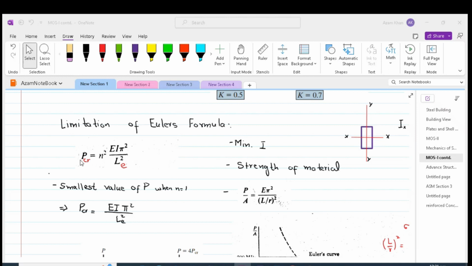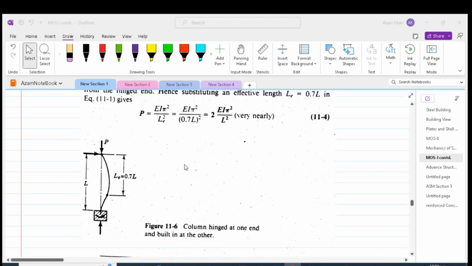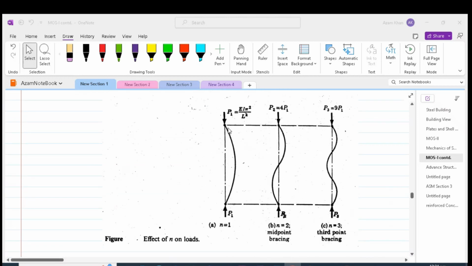As we said, P critical is equal to n squared EI pi squared by LE squared, where n is the length of half sine period. As we know from our previous derivation, the column will assume the shape of half sine wave if both ends of the column are pinned.